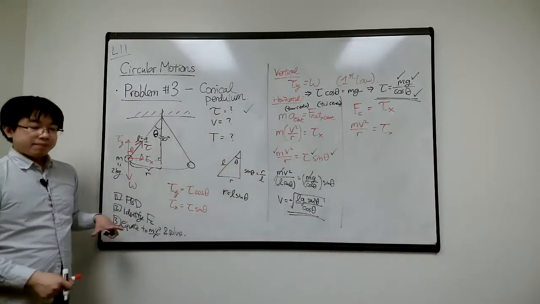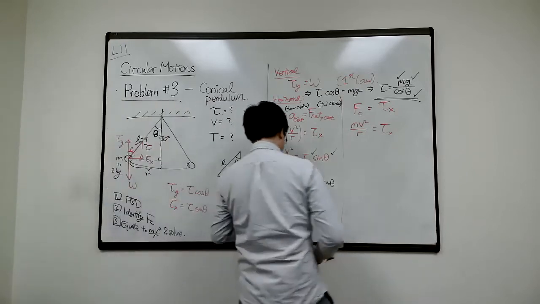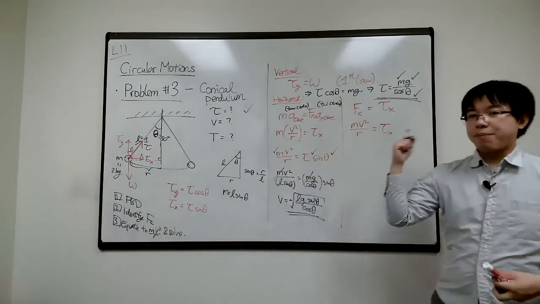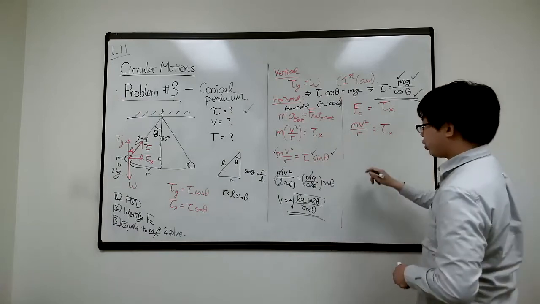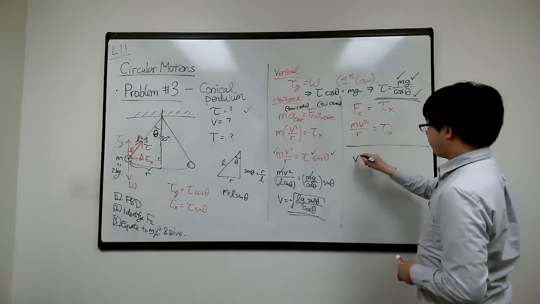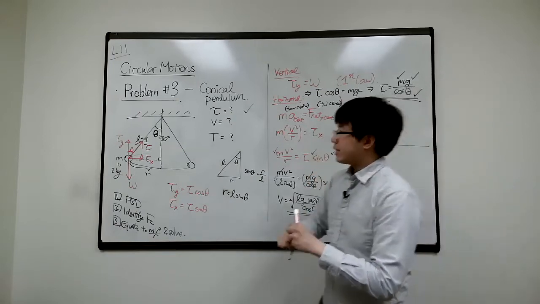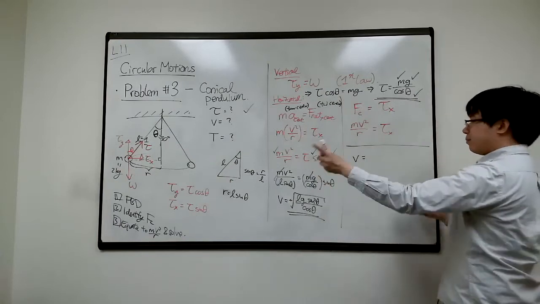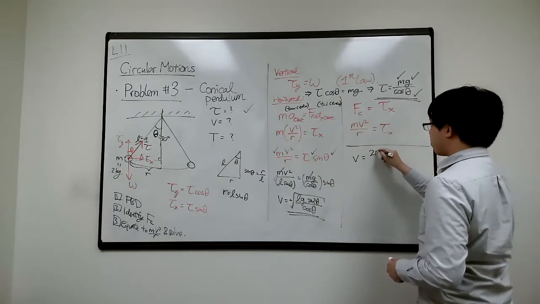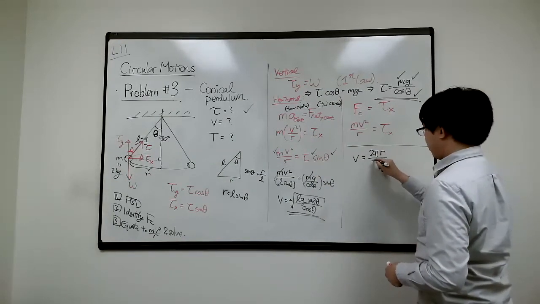And what is the period? Well, we can connect v with the period. So how much time it takes to go around for one circle, one revolution. And remember, v is the tangential speed around that it is moving at. It moves how much distance? It moves 2 pi r per period.